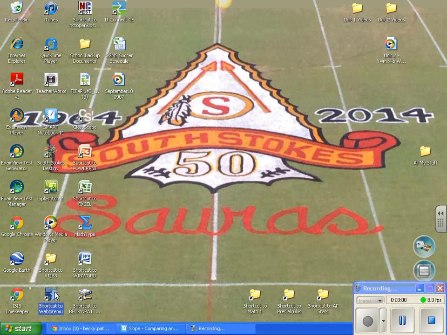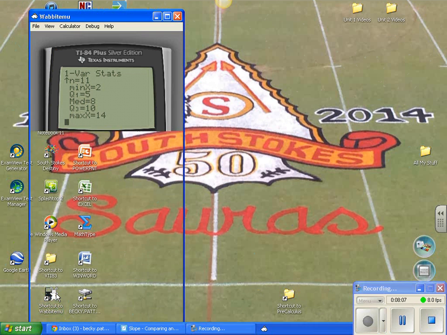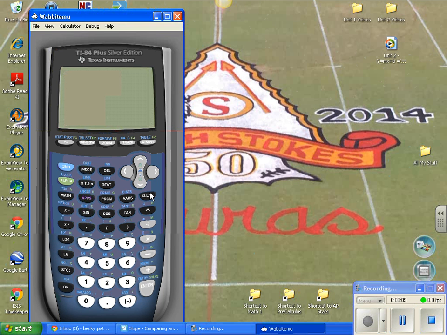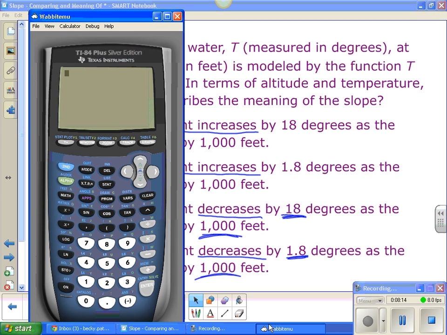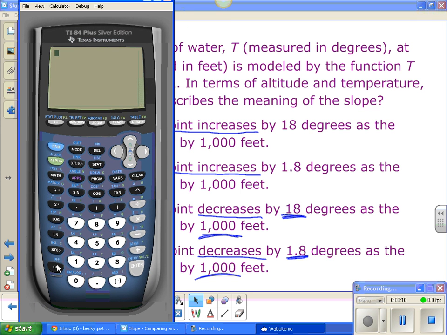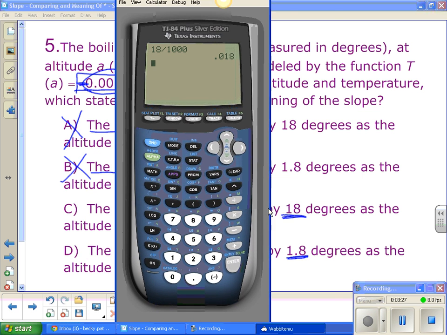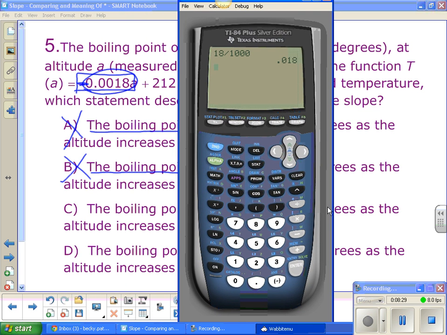If you'll take your calculator, let's see, we'll do this one first. 18 per 1,000. So if I go 18 divided by 1,000, the goal is to get this number that's circled in the problem, the 0.0018.